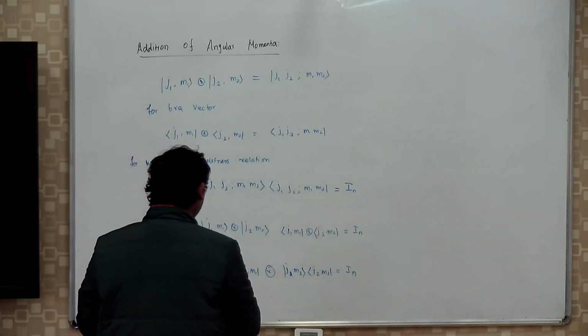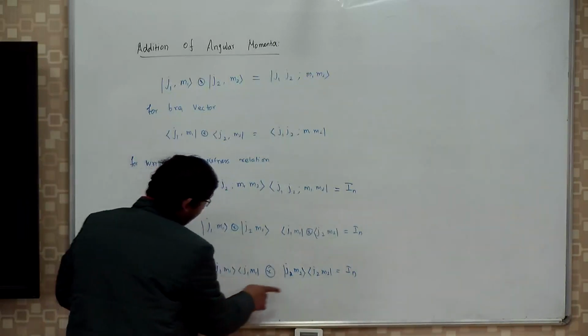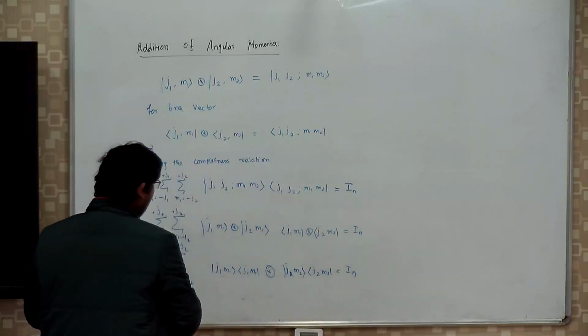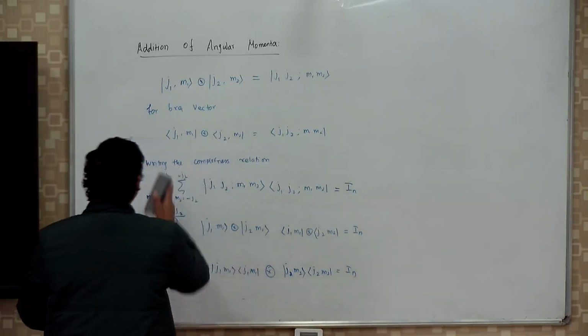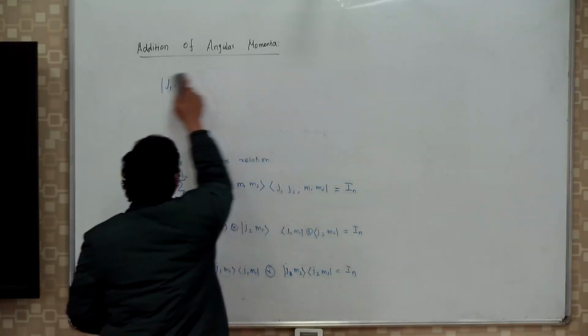So the outer product is written for each individual system and composed with the tensor product.